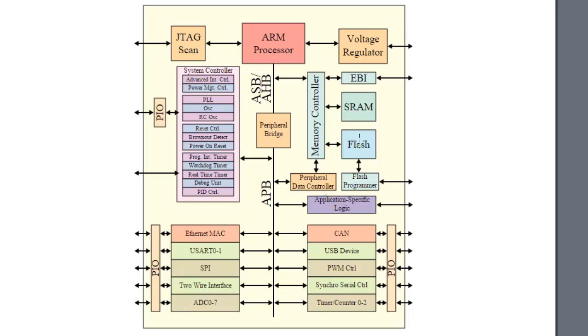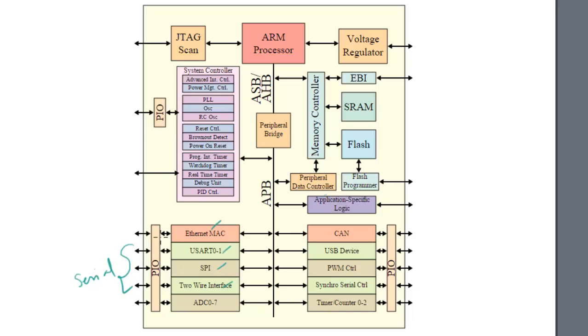And then apart from that, you will have various other internal features in a controller, typically like Ethernet, UART, SPI, TWI. All these are serial communication protocols, so you should be familiar with this.